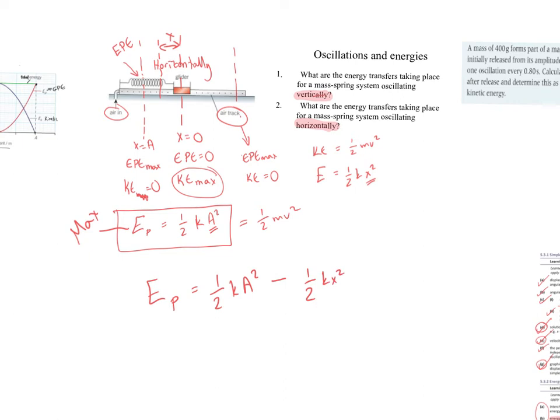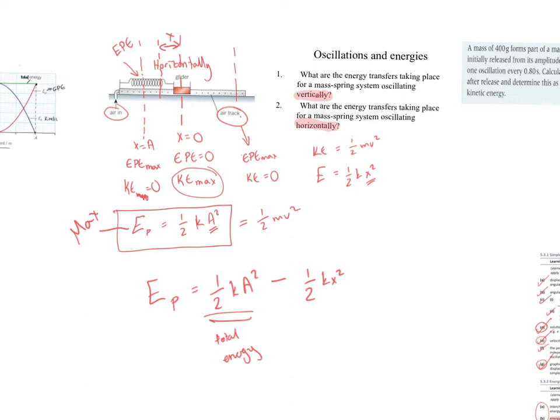So that way you can get the kinetic energy of the glider at any instant by taking the total energy, which is this expression, and subtracting the elastic potential energy at that point. So you would expect the same graph as in figure 3, but in that case, the kinetic energy against x will be an inverted parabola.